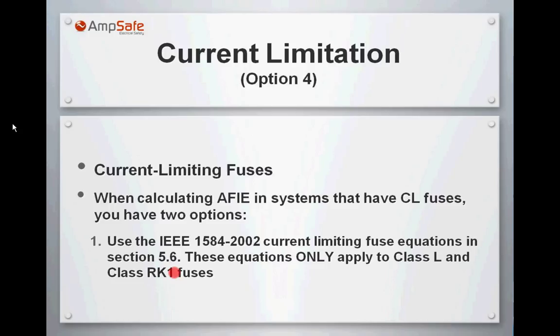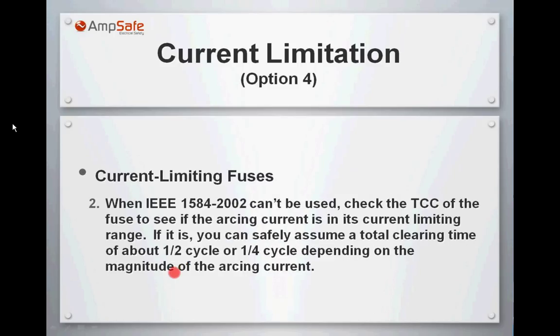The other one, let's say that we have a current limiting fuse and it's not RK1 and it's not a class L, but you would like to consider the current limiting effects, for example, of RK5 fuses. What should you do? Well, you can use the IEEE equations, but definitely you can do a second option. What is this? You consider a standard time.